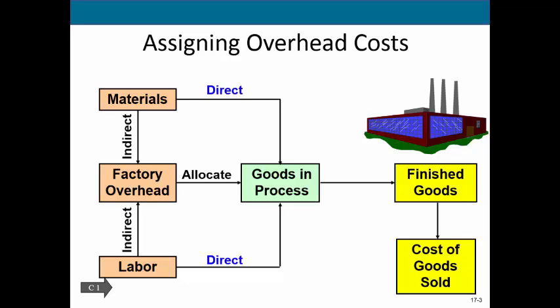All of these are just examples of manufacturing overhead, and all of these costs are relevant to the manufacturing process, and therefore they are relevant to the cost of the goods that we are creating.